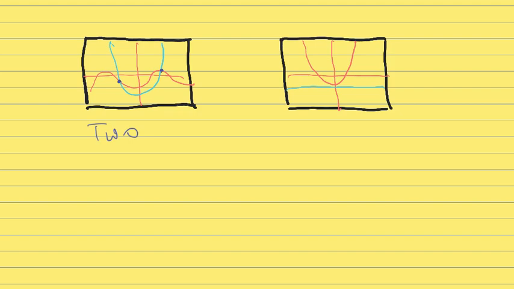Now this graph over here, it looks like there's only one point where it intersects, because we have a line going straight across, and then we have this shape here, and so they intersect at one point. So when it says number of solutions, then you'll write the word 1, and then underneath it you will write the x value of where they intersect.